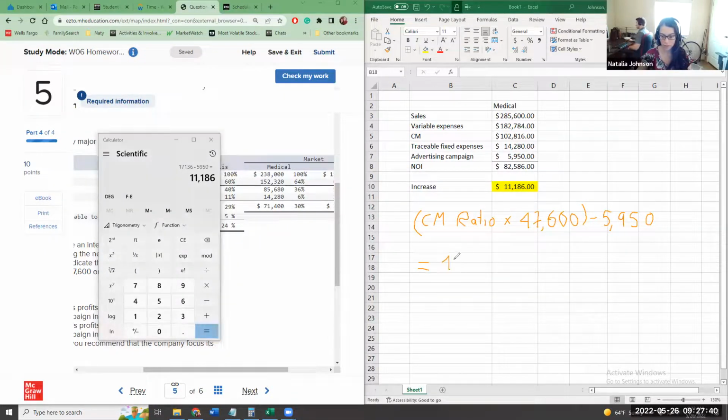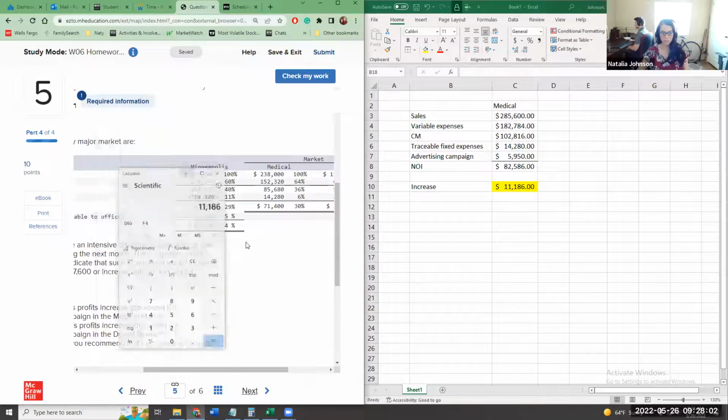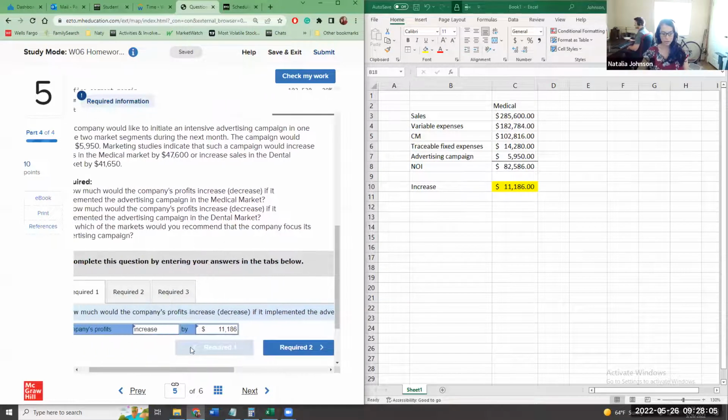We have 11,186, which is the same number that we found the other way. So it's just a simple formula: the contribution margin ratio times the increase or the change in sales minus the new fixed expense. Okay, so we have it right there.